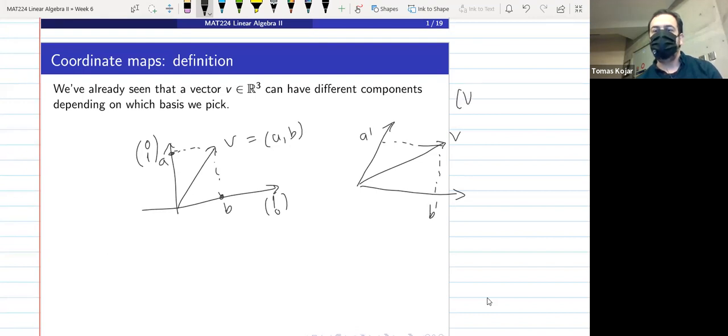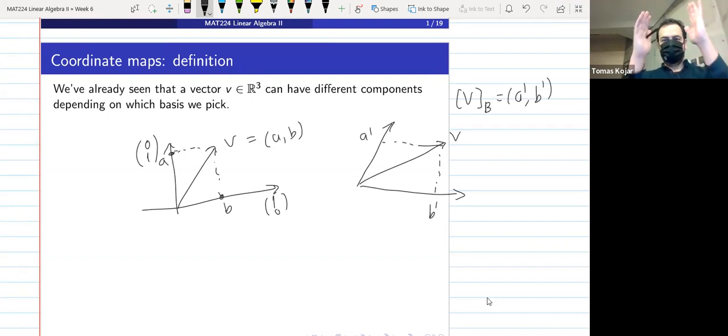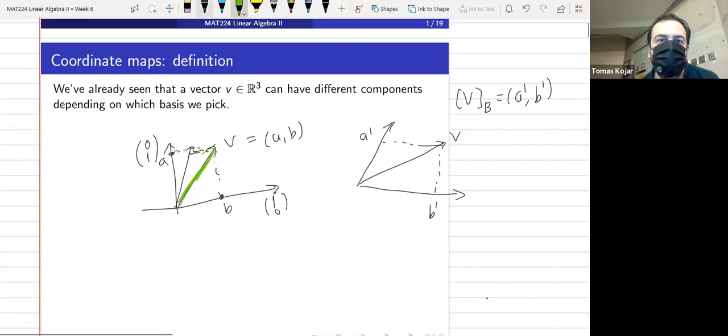So then we write V in the new basis, beta, is A prime, B prime. It's still the same V. I wish I had a way to draw it to tell you that it's the same guy. It's the same vector, but you just change your measuring system.